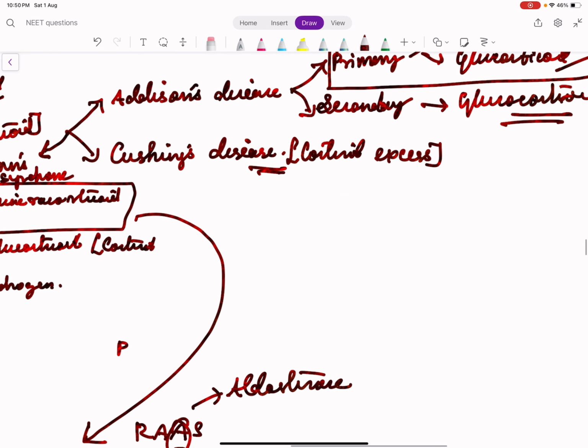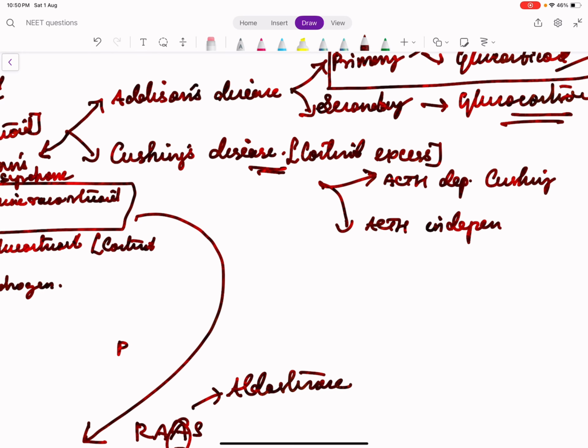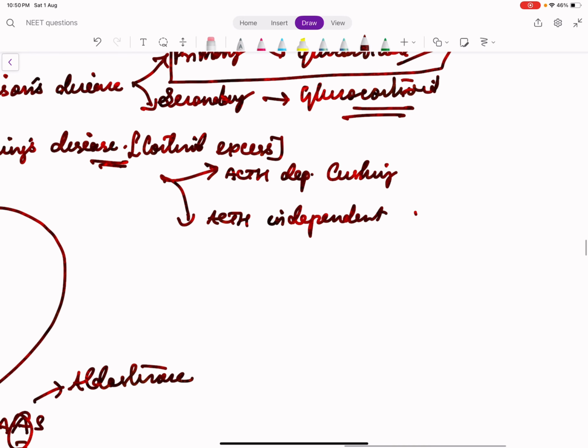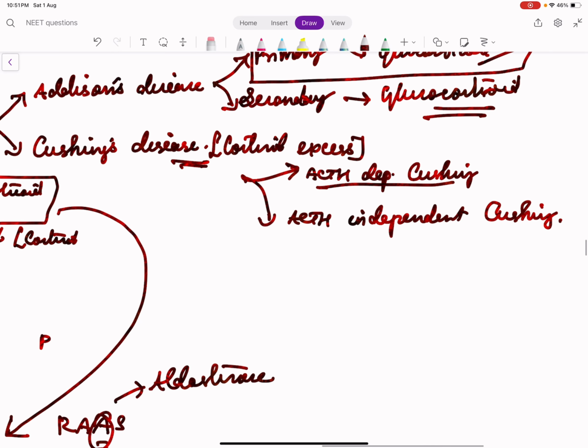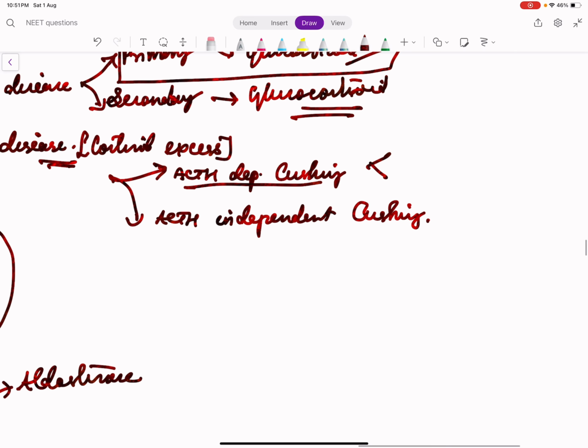Cushing's we just now discussed. Instead of telling primary and secondary, we call it ACTH dependent Cushing's and ACTH independent Cushing's. ACTH independent Cushing's is a problem with the adrenal cortex itself due to adrenal adenoma or adrenal hyperplasia. ACTH dependent Cushing's may be due to pituitary adenoma or due to small cell lung cancer.